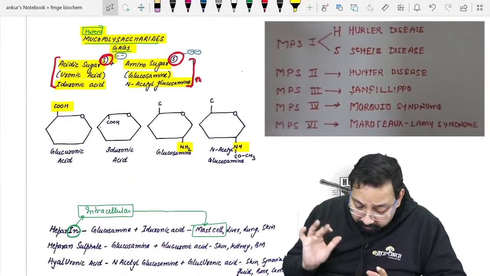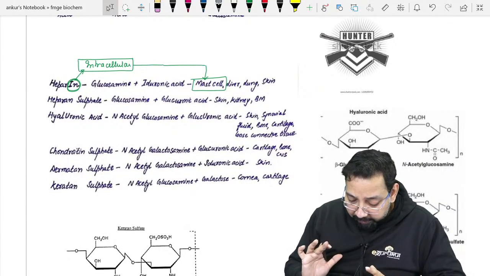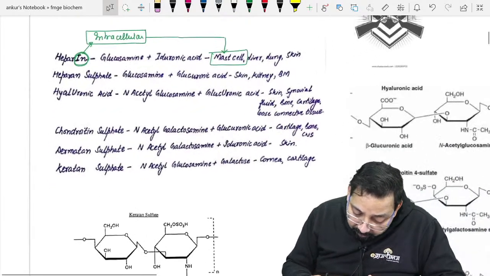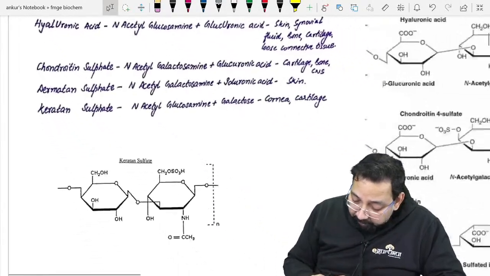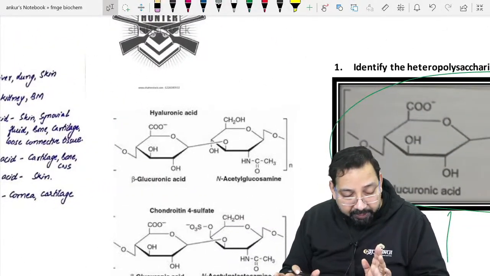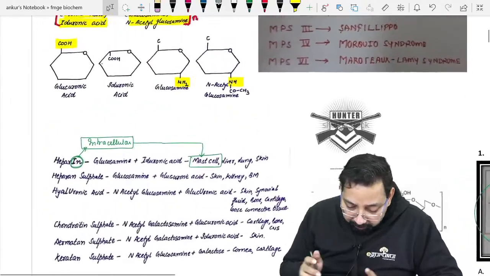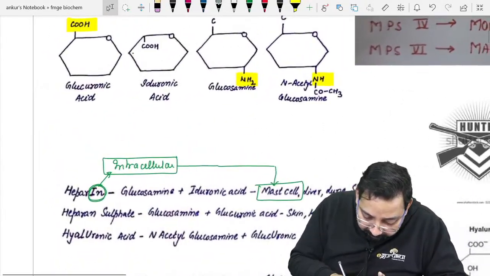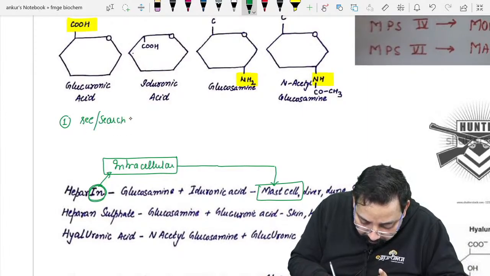So we found sulfate. I told you so many. What is the composition? I am going to tell you. But before that, remember the mnemonic. Whenever a structure of a mucopolysaccharide, heteropolysaccharide, is given, the first step is to search for sulfate.